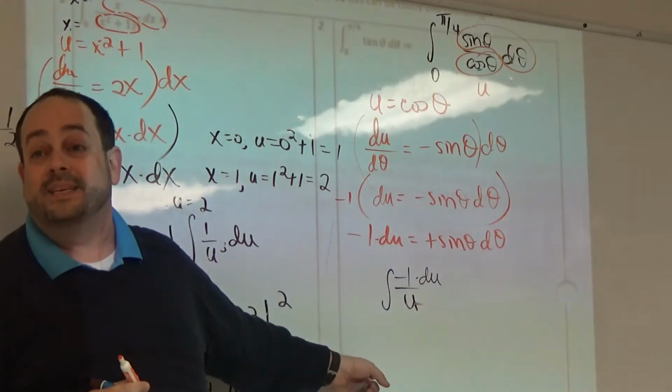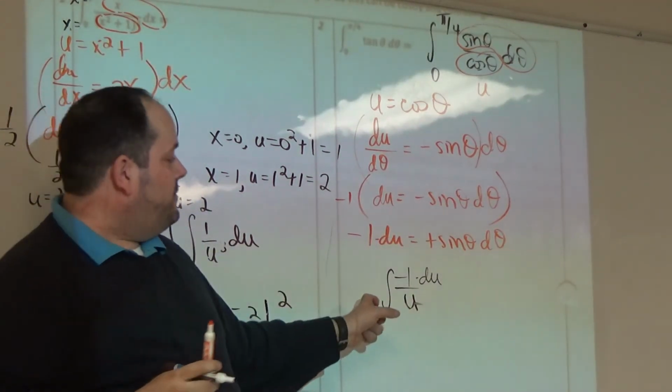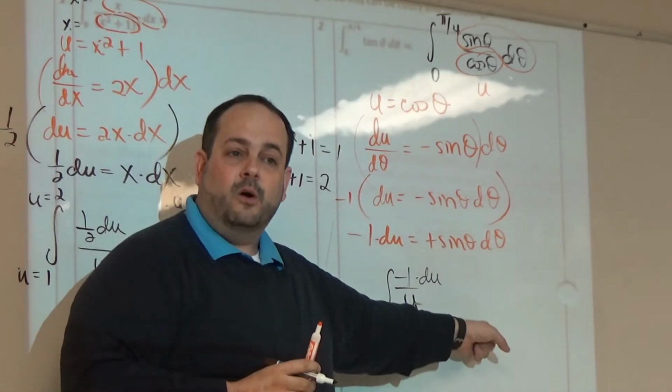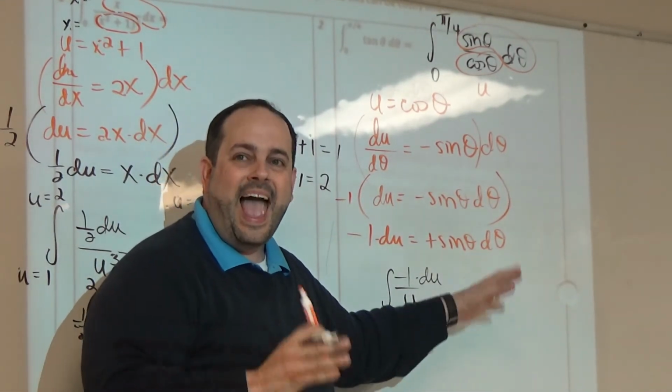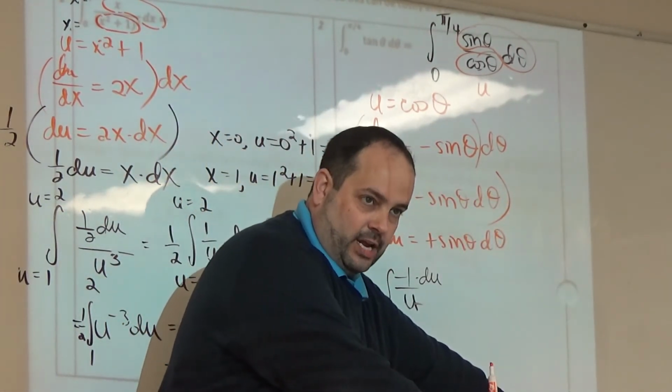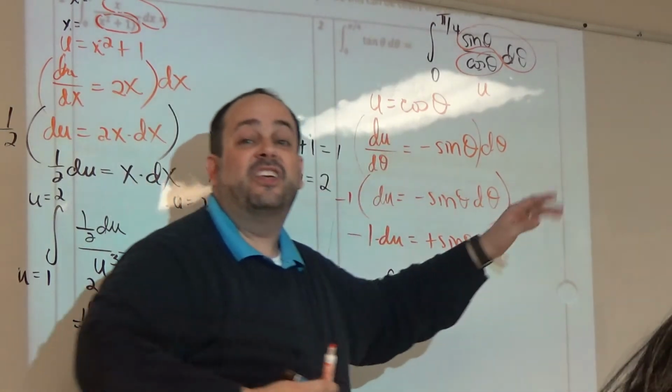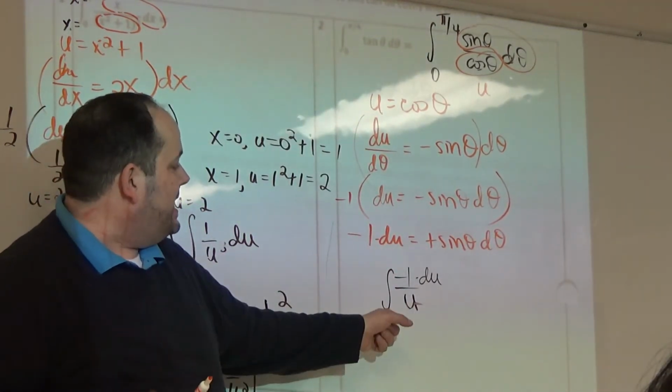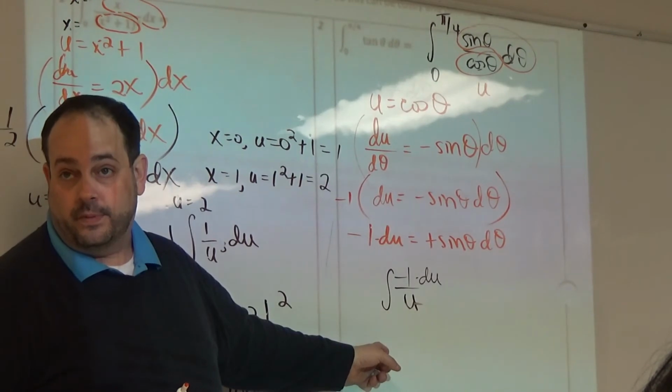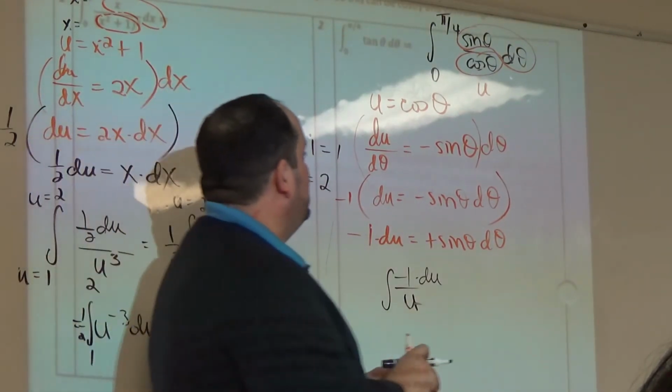Don't make the rookie mistake. If you're changing your integral over in terms of u, everything gets changed. All the things get changed, meaning your limits of integration. So you're going to do a little bit of side work.